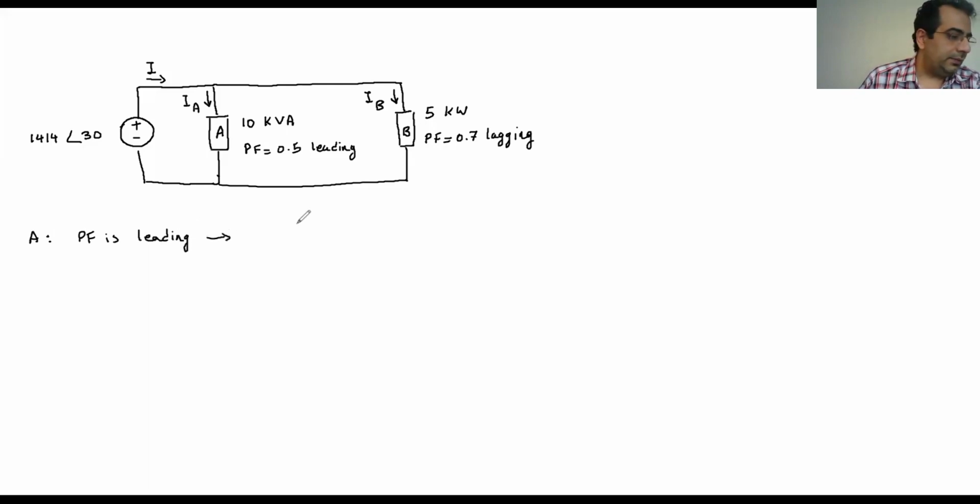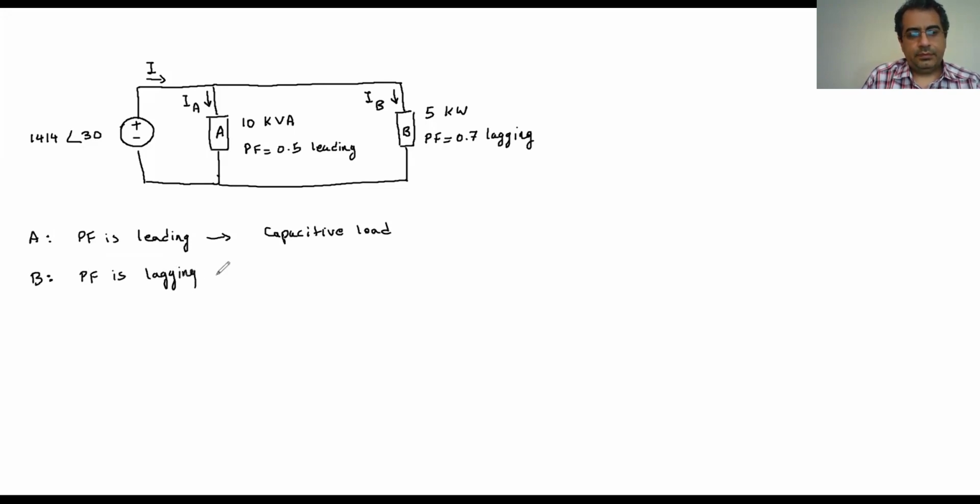Therefore, it is going to be the capacitive load. For the B, the power factor is lagging, so it's going to be the inductive load. So the A is the capacitive load, the B is the inductive load.